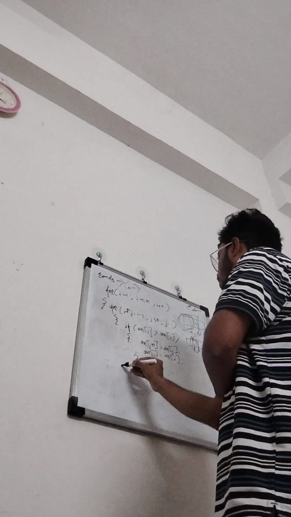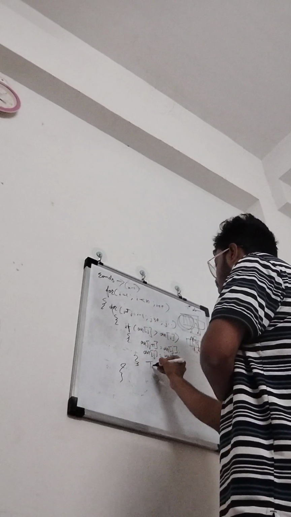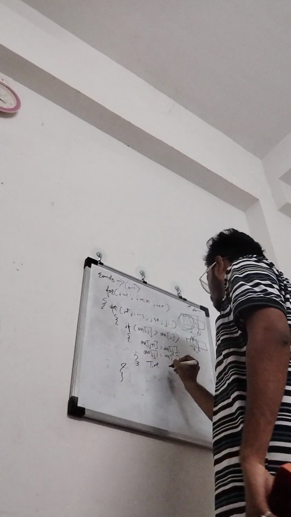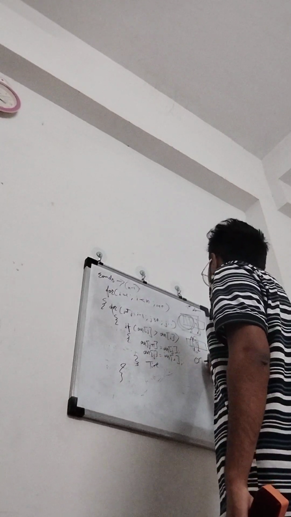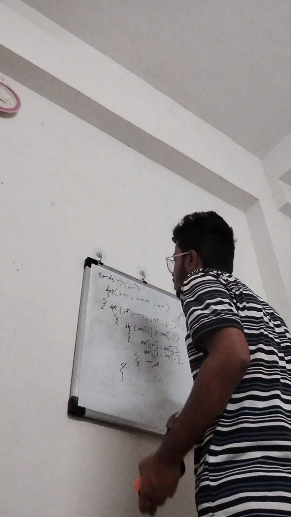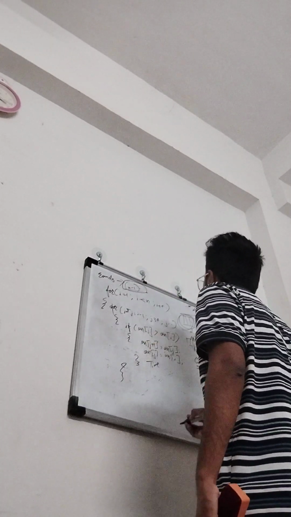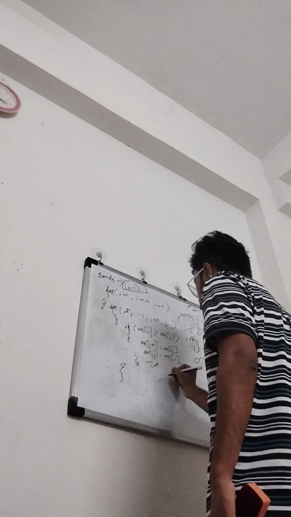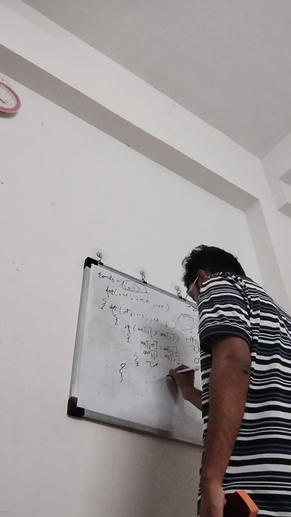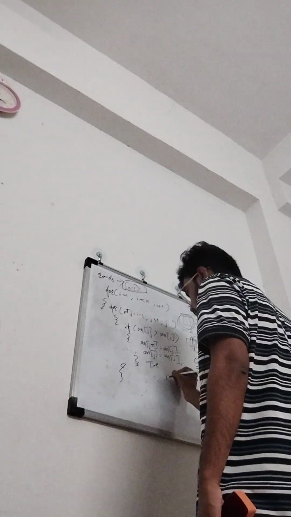Okay, so for the time complexity thing, space complexity is obviously big O of 1 only, as we haven't created any extra space. For the time complexity, how many comparisons are we doing?